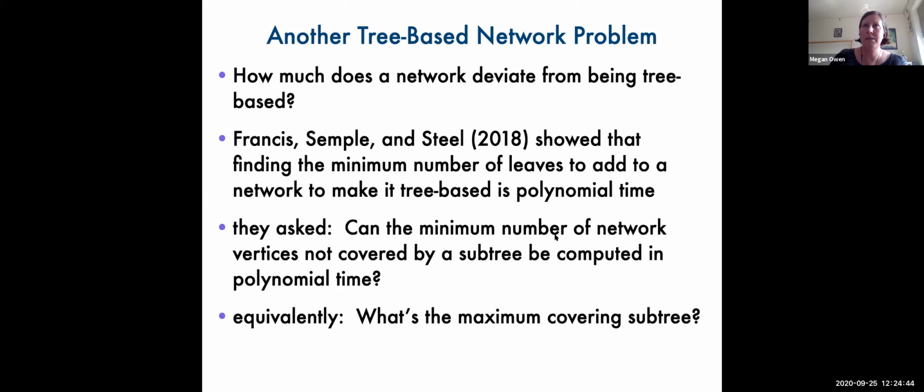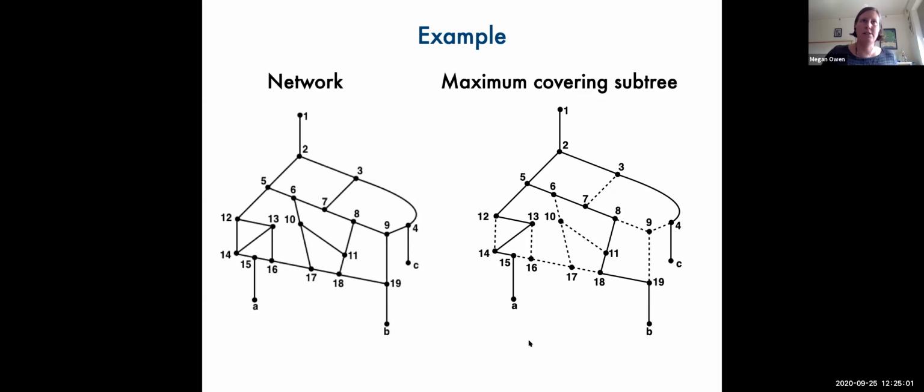They asked, can the minimum number of network vertices not covered by a subtree be computed in polynomial time? Equivalently, what's the maximum covering subtree, and then you would count how many vertices are not covered. To give you an example, in this network the solid lines are a maximum covering subtree.